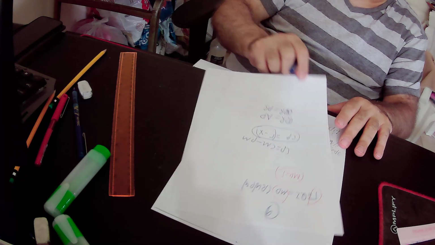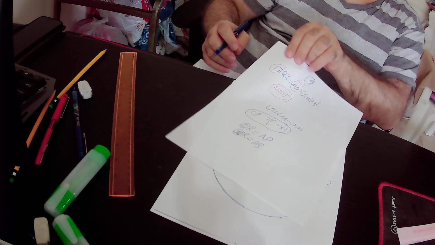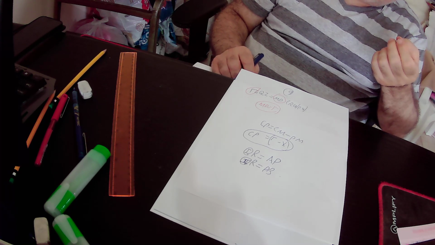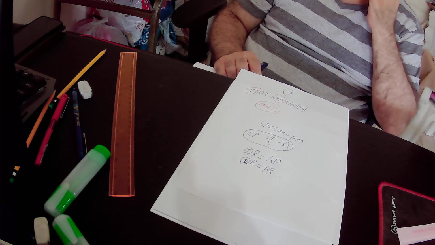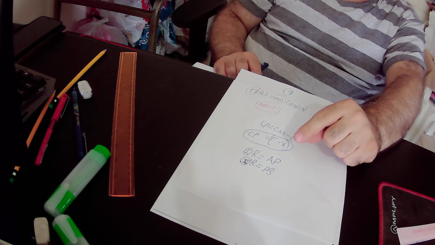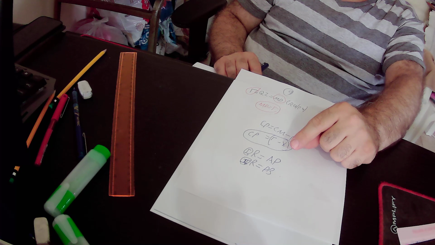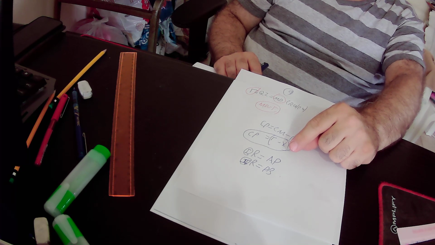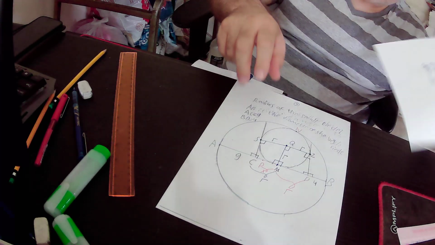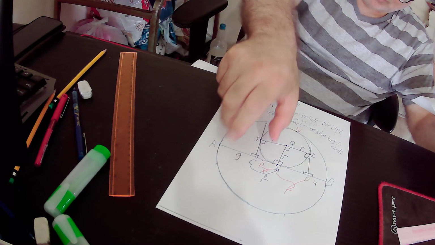So we will calculate the radius of the big circle in two different ways. The first way states that the radius of the big circle equals AP.